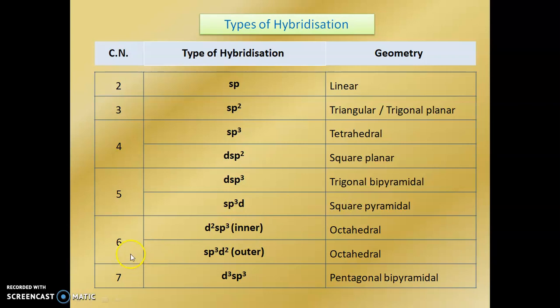For coordination number 6, there are again two types of hybridization, d2sp3, which is inner, and sp3d2, which is outer. In both, the geometry is the same, octahedral. If the coordination number is 7, the hybridization is d3sp3 and the geometry is pentagonal bipyramidal.